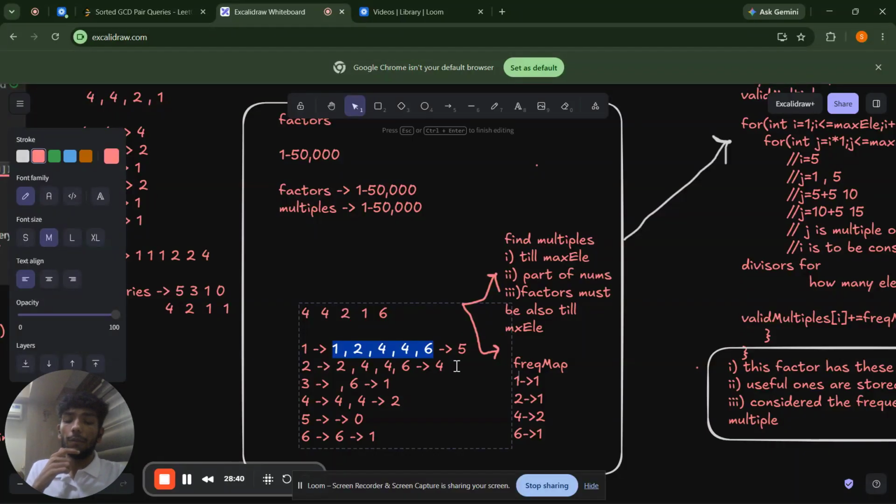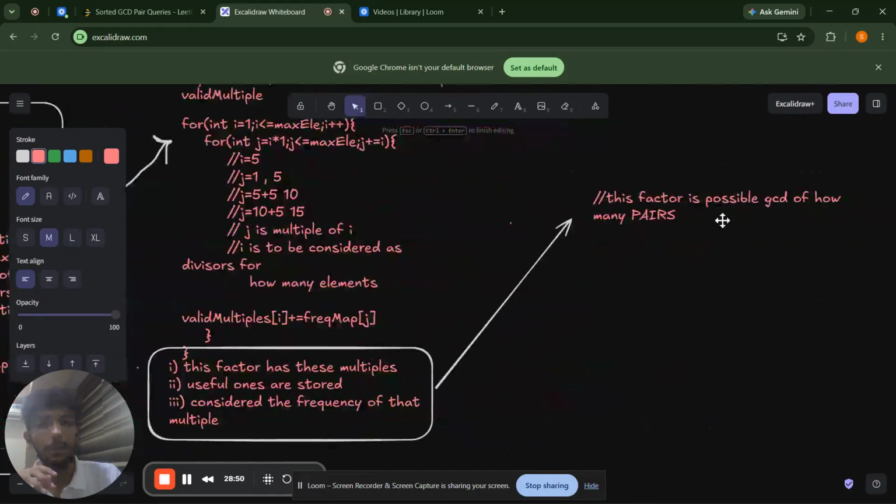So why don't we find out the number of pairs for which this factor can be considered a possible GCD? If we are given 5 elements, the number of pairs is 5C2.